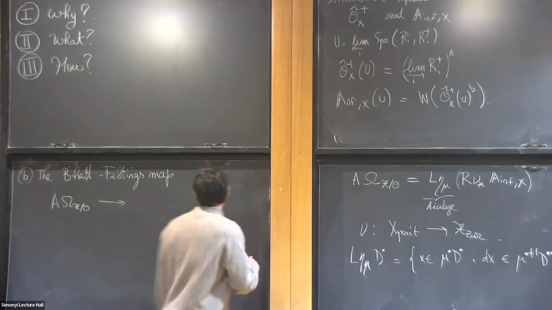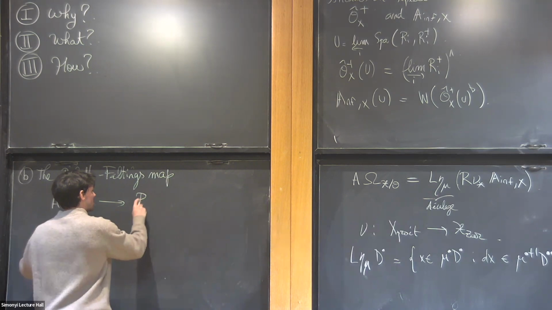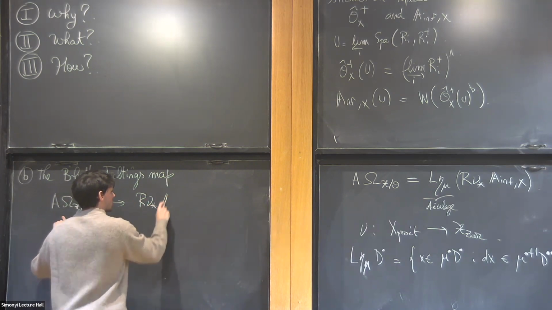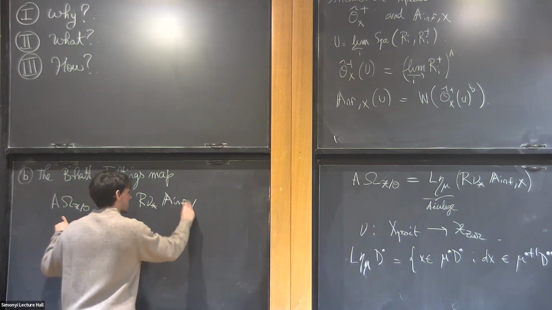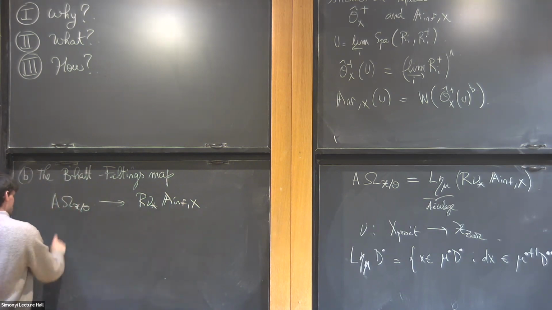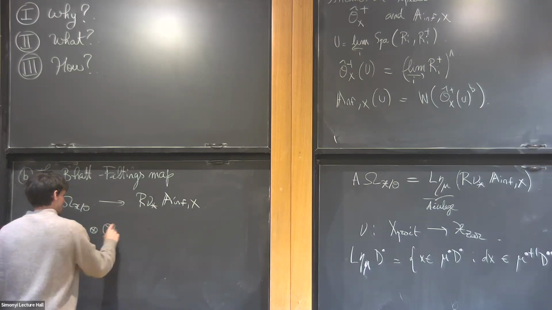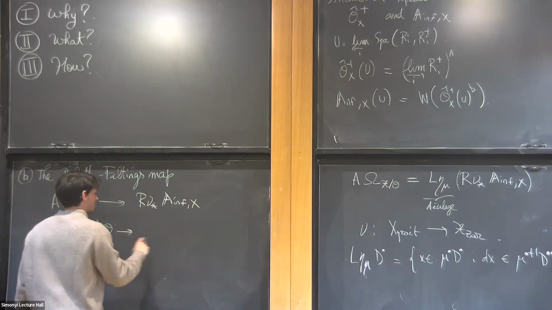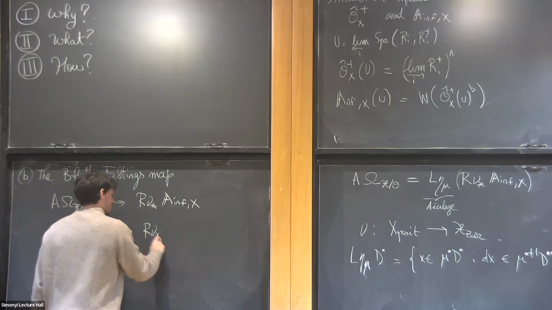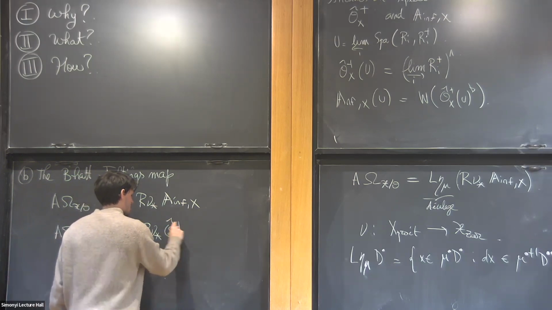So you get a map from the R nu star of A inf x. But now if you reduce everything mod xi, then you get this to R nu star of O x plus.